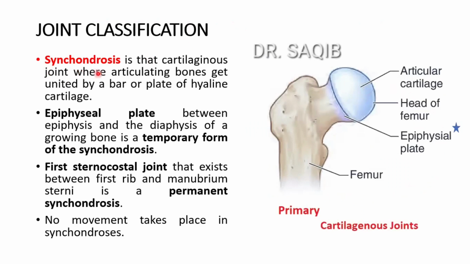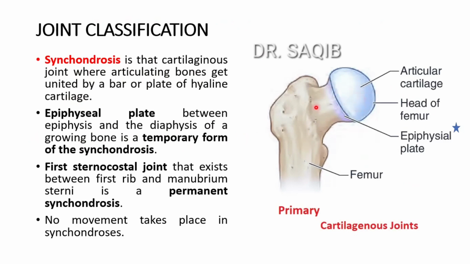So two types. The first type, synchondrosis, is a cartilaginous joint where articulating bones are united by a bar or plate of hyaline cartilage. The epiphyseal plate between the epiphysis and diaphysis of a growing bone is a temporary form of synchondrosis.